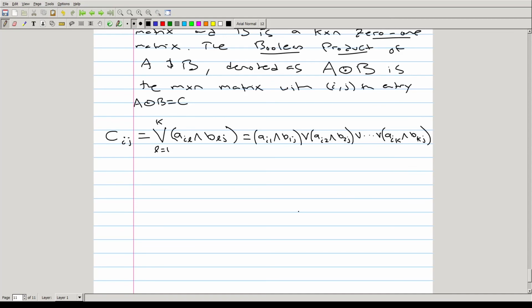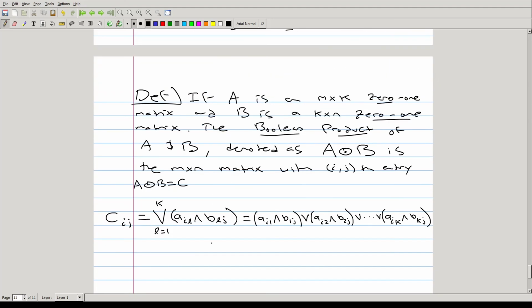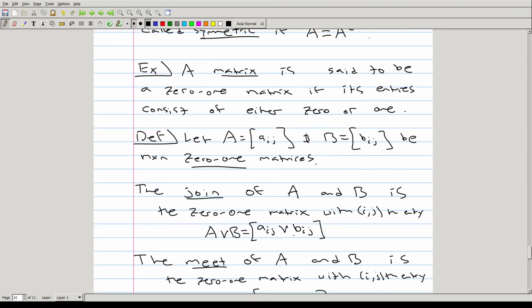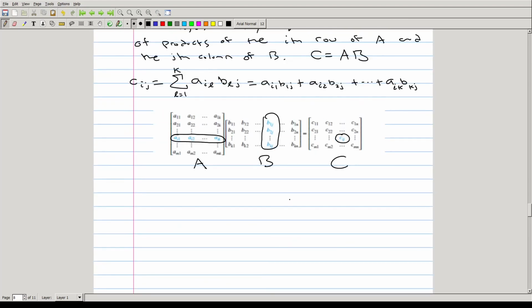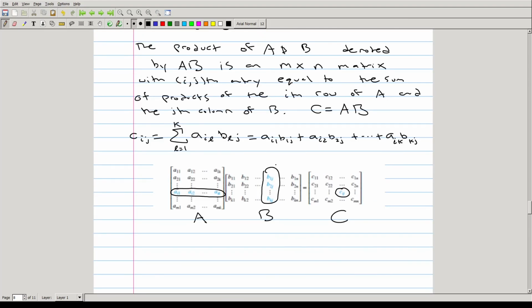Now, if you look at this and really think about where this formula is coming from, it's exactly the same as the formula for normal matrix multiplication, but with the sum replaced with the OR operation and the multiplication replaced with the AND operation.